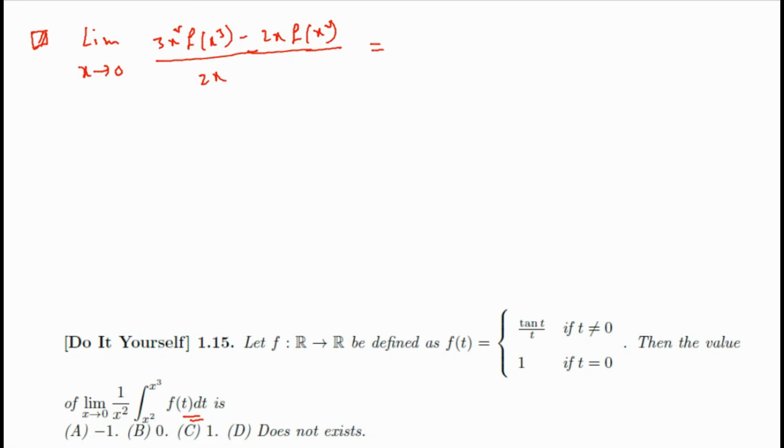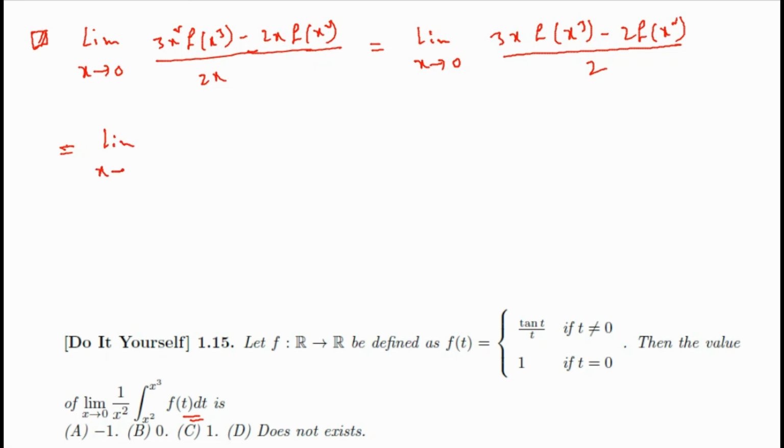Now as x tends to 0, you can write limit x tends to 0, 3x f x cube minus 2f x square by 2, and here we will get limit x tends to 0, so half will get outside, and 3x into f x cube.